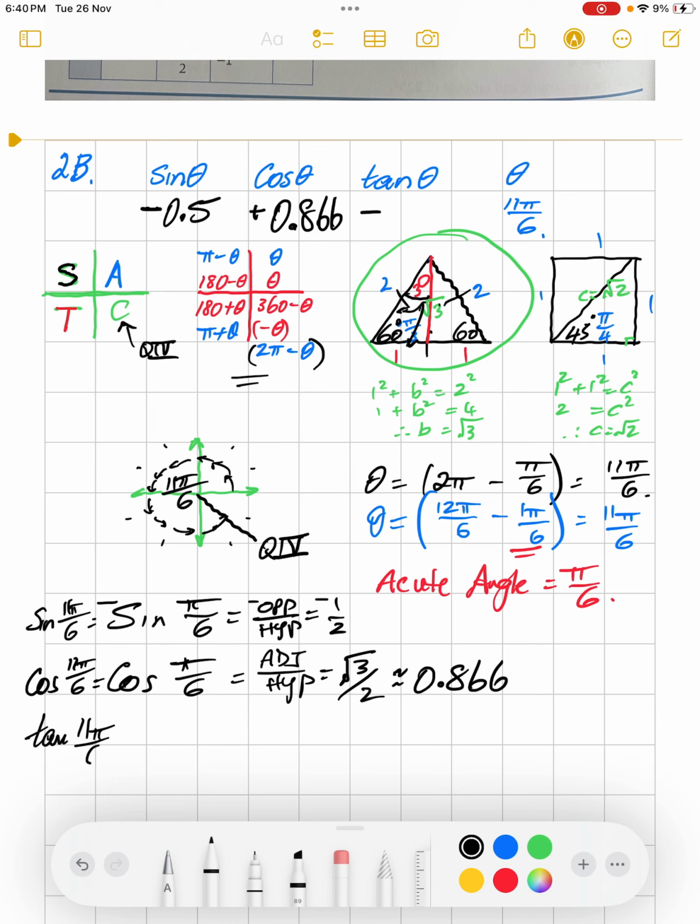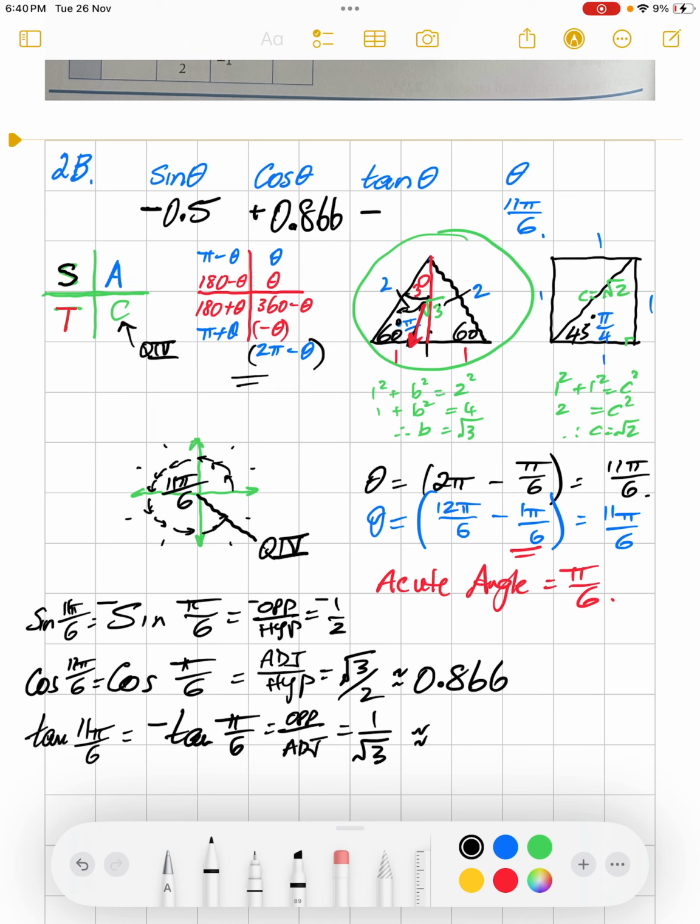And finally, tan of 11 pi over 6 is negative because it's in the fourth quadrant, the same as our acute angle. Tan of pi over 6 is the opposite over adjacent. So you go into the triangle, the opposite side is 1 and the adjacent side is root 3. Now 1 over root 3, you can use your calculator here. I don't have a calculator on the screen; I really need to get that ready for future questions.